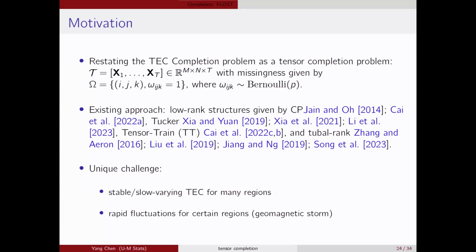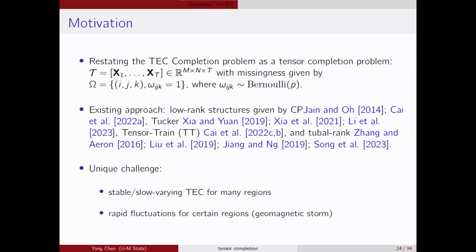It's the same thing that we had before, but with a little bit of extra notation. T is our big tensor, and the missingness is still indexed by omega. But here we're assuming for simplicity that the missingness is IID Bernoulli P. We are actively working on extensions to non-IID Bernoulli P, but bear with me at the moment, because that was the best that we could do from a theoretical perspective at that point.